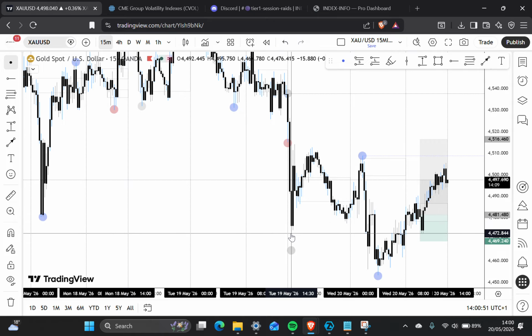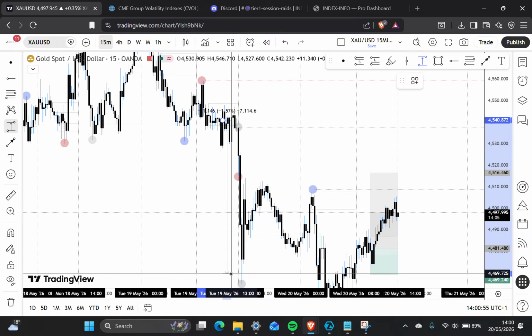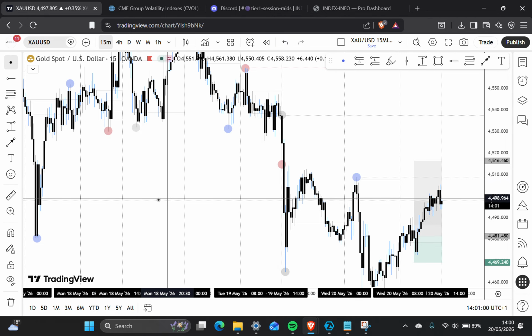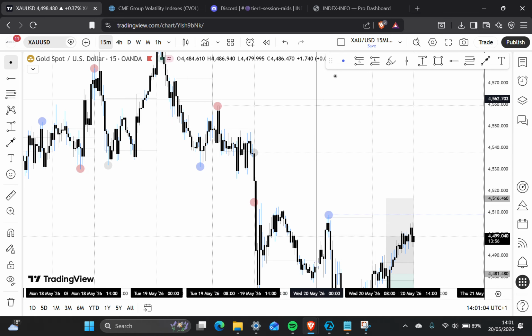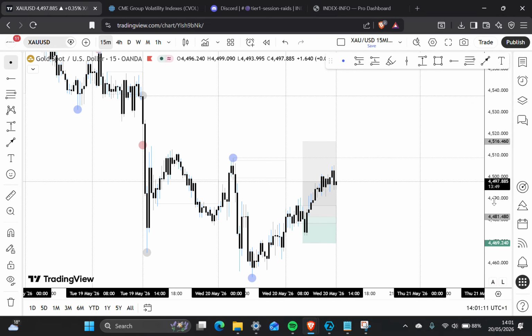So that breach happens here 14:30. So the drop from here to here, again, engineered. It was expected, because that had to happen in order for price to continue pushing higher. But you get the gist. You understand what's happening here.